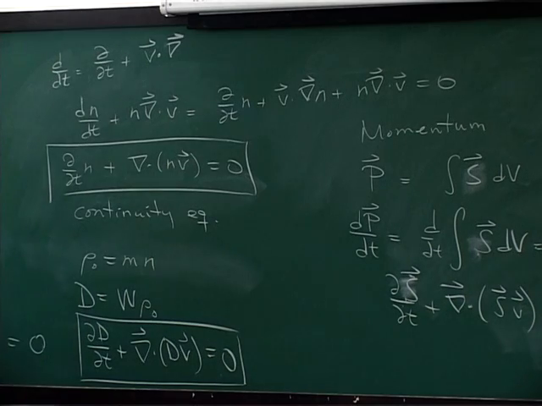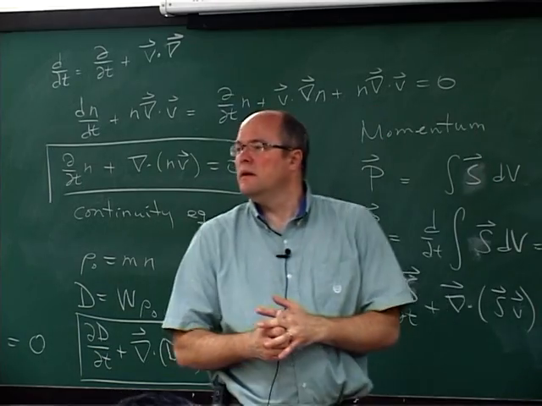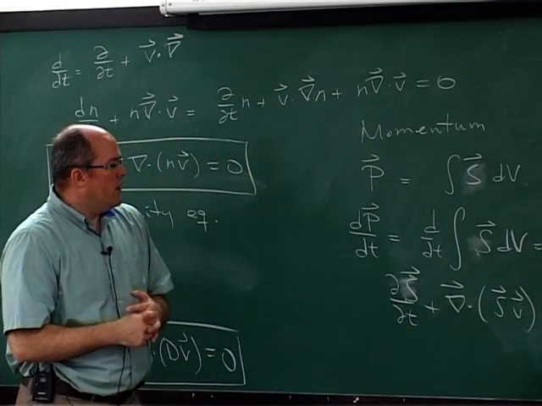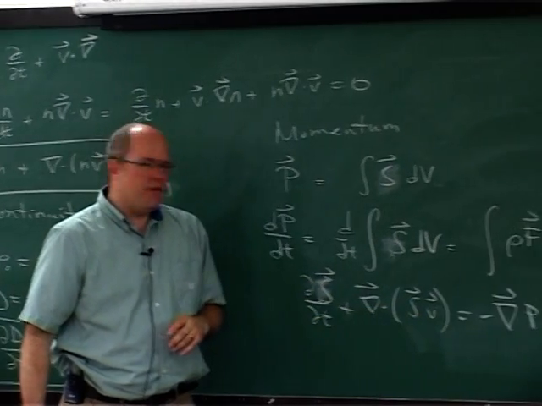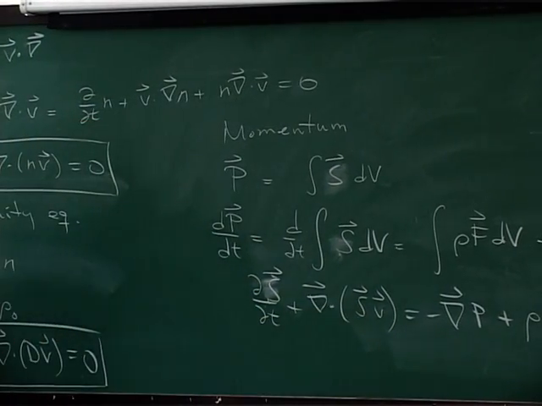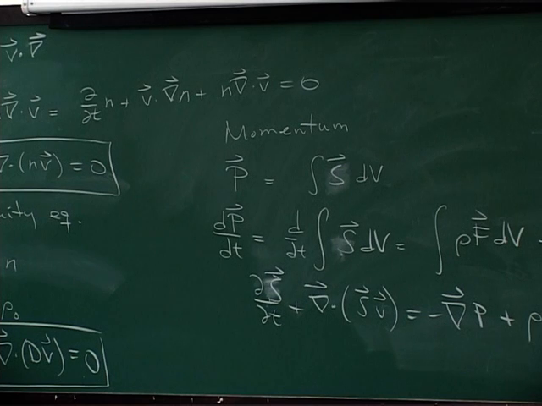Does that make sense? Okay. It contracts with the V index, is it? Yes, I think so. I think that is correct. It's an outer product.